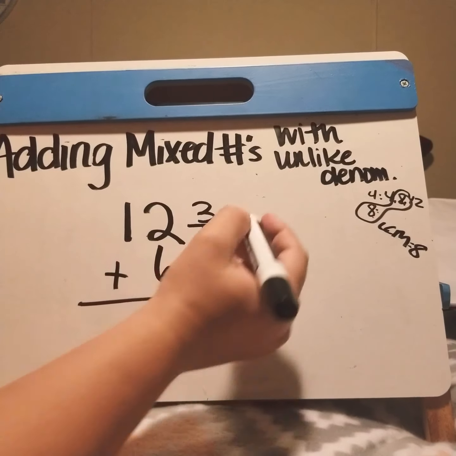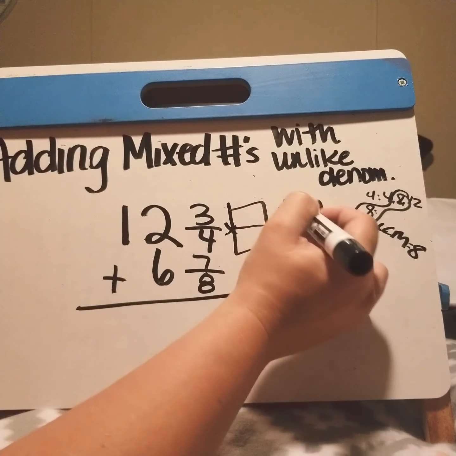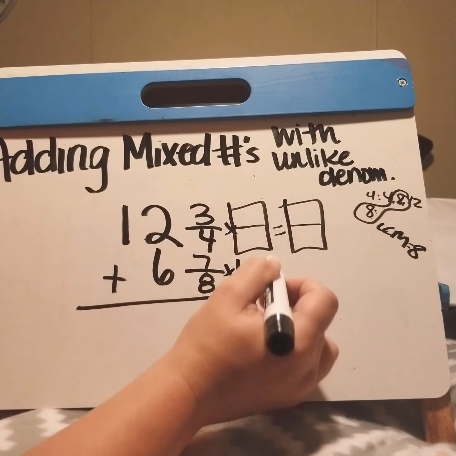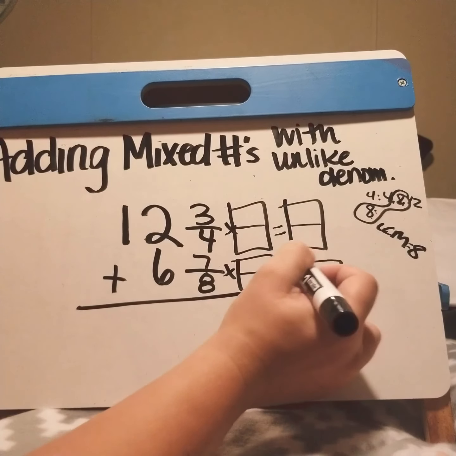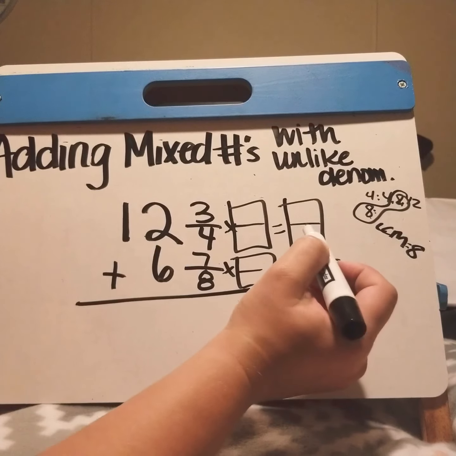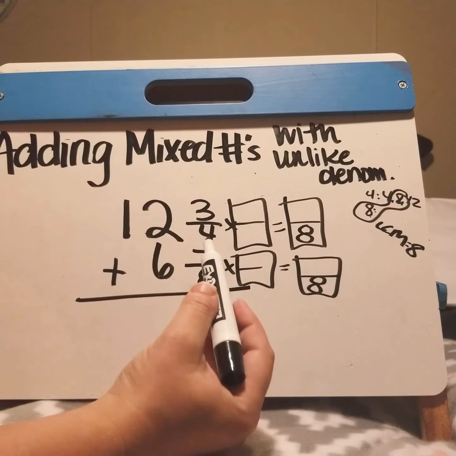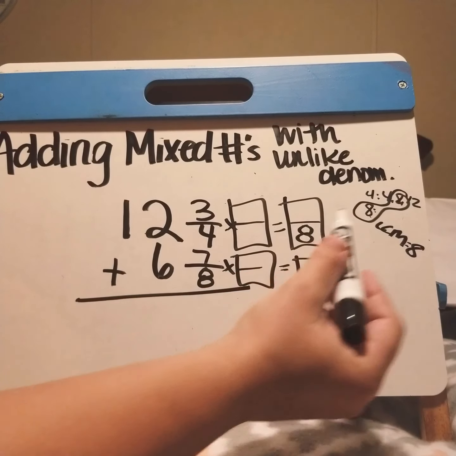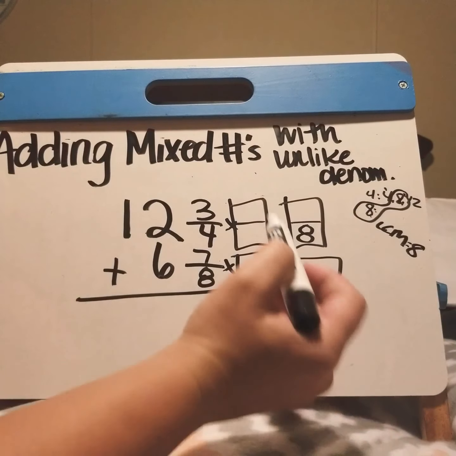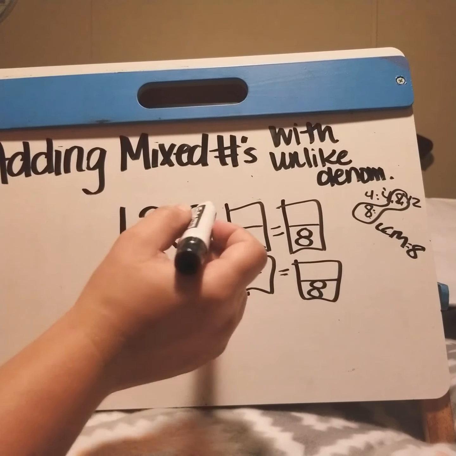So with that LCM, I'm going to set up my problem here. Remember, your LCM goes in this bottom box as our new denominator. So we ask ourselves, 4 times what equals 8? So 4 times 2. What you do to the bottom, you must do to the top.